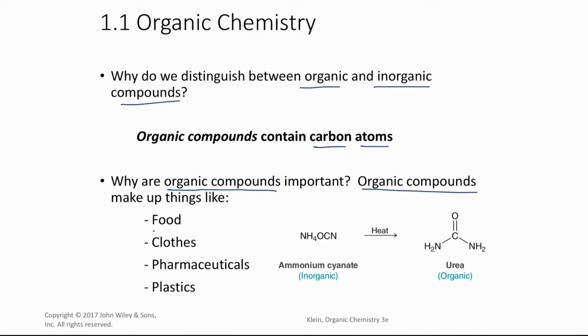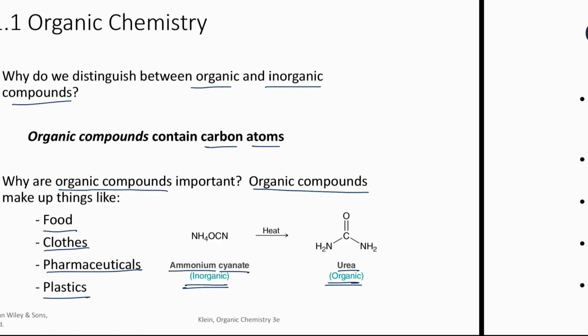For example, food, clothes, pharmaceuticals, and plastics are all generally organic molecules. For example, if you take a common compound known as ammonium cyanide and heat it up, you end up with urea, which is an organic molecule. So you can make an organic molecule out of an inorganic molecule.